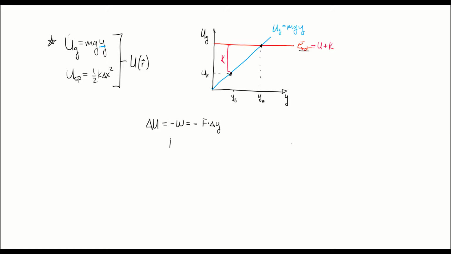We can rearrange that and see that the force is equal to negative delta U over delta y. And if we take the limit as delta y goes to 0, the force is equal to the negative of the derivative of the potential energy with respect to that position, in this case, y.